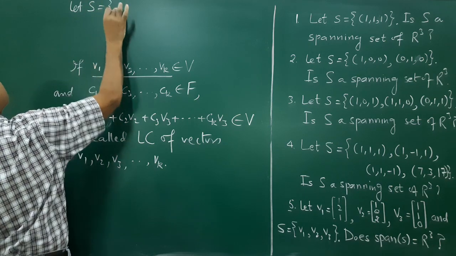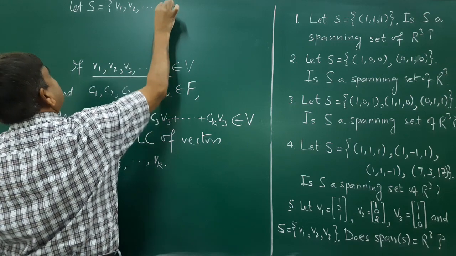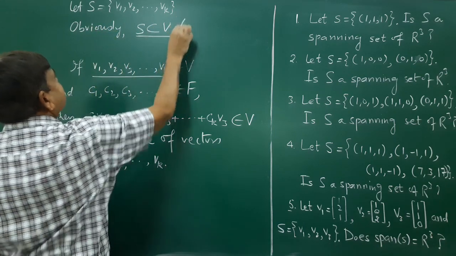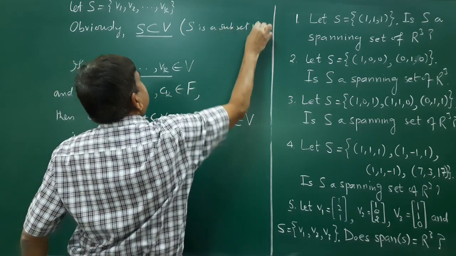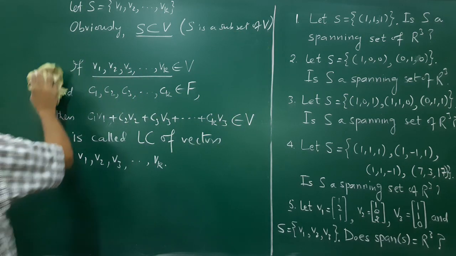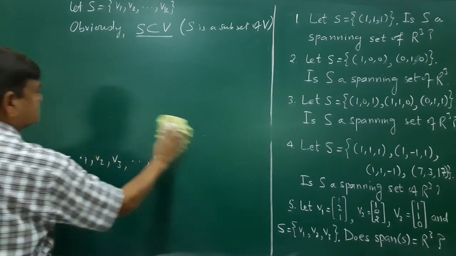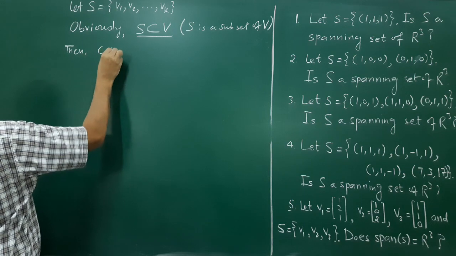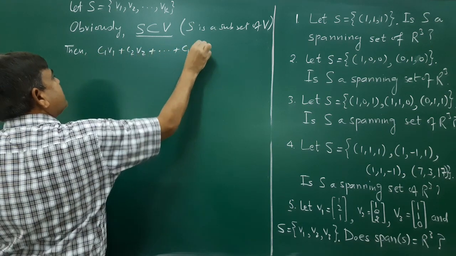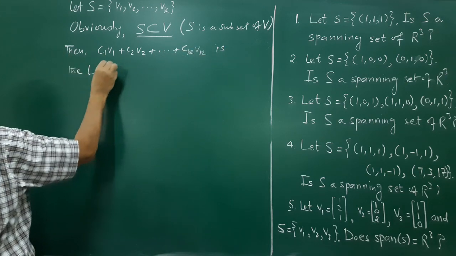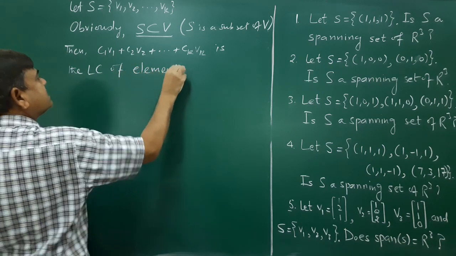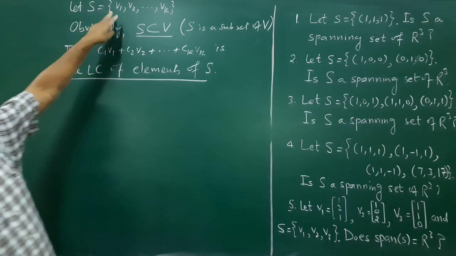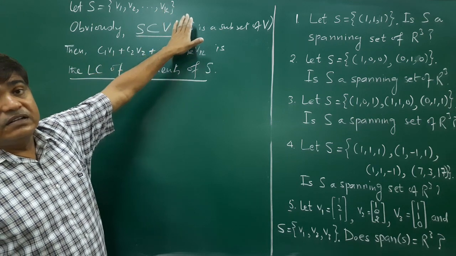Let S be a set of these vectors, and obviously S is a subset of V. Then C1 V1 plus C2 V2 up to CK VK is the linear combination of elements of S. I have rewritten the previous one.